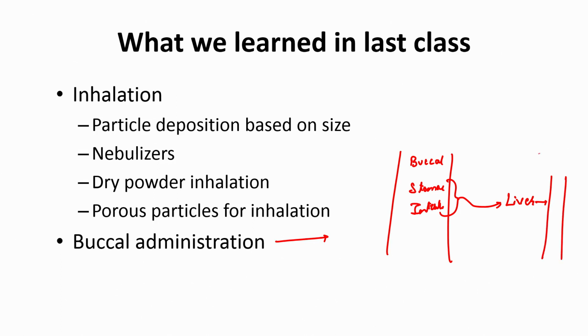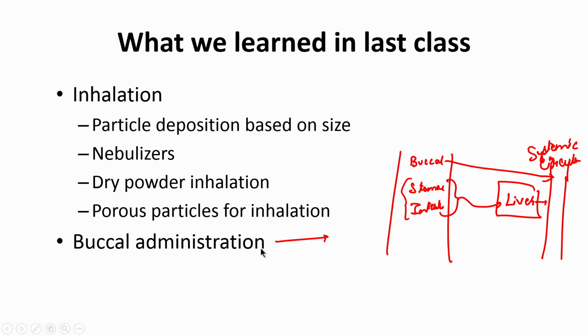So, if this is the systemic circulation, however, from the buccal cavity it does not actually go to the liver, it directly goes into the systemic circulation through another vein. So, that prevents this metabolism by the liver, and that way you can have much higher drug being in the systemic circulation compared to what you would have got if you would have taken it down to the stomach. So, however, there are again challenges associated with this.